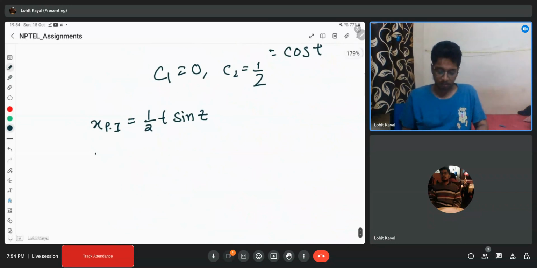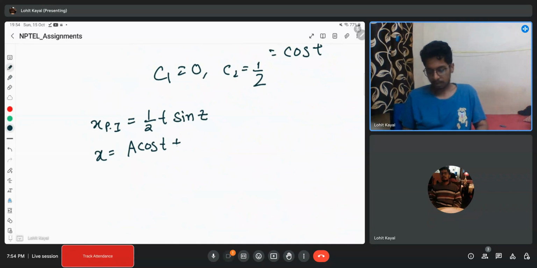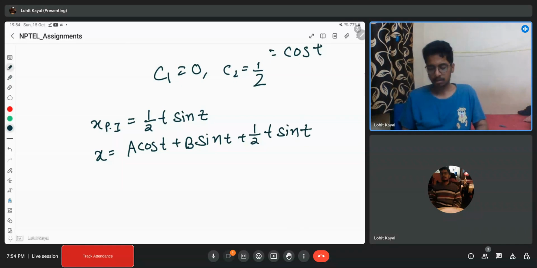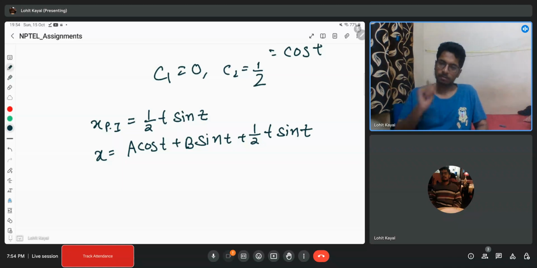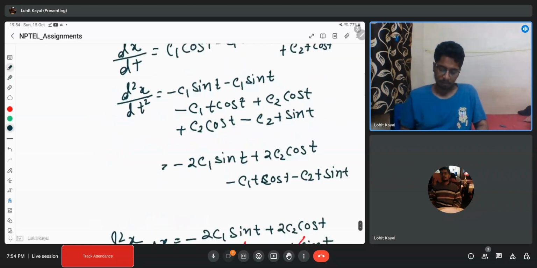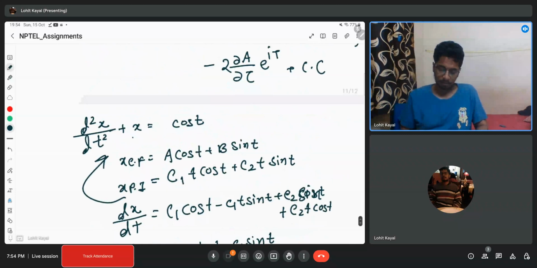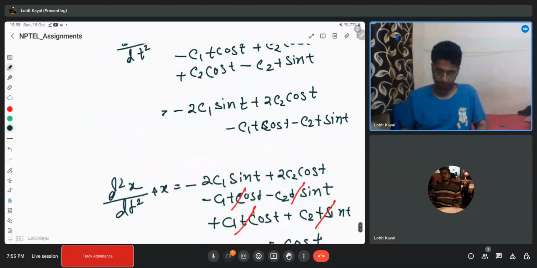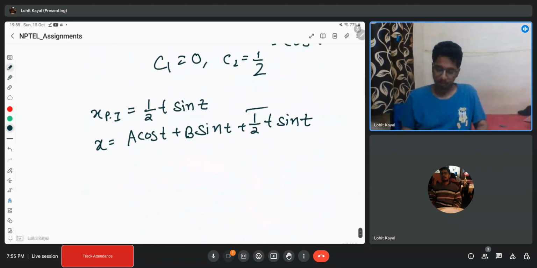So your total solution is equal to a cos t plus b sin t plus half t sin t. Okay, so this will be the general solution. Now, if on the right side there is no cos t, then this term will not appear.